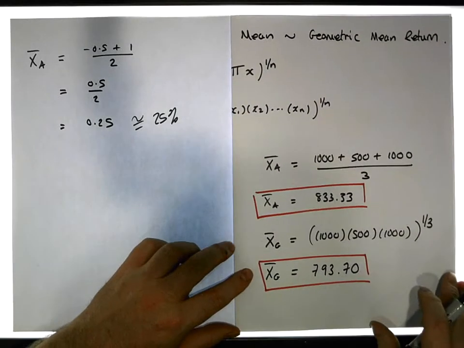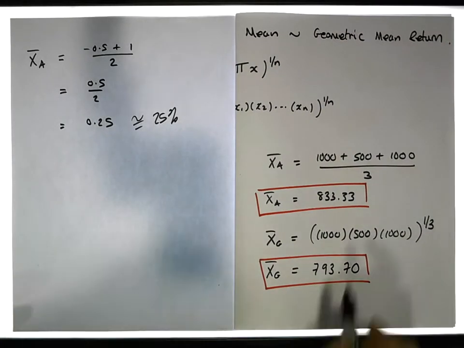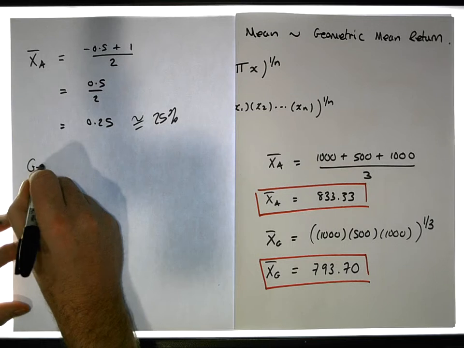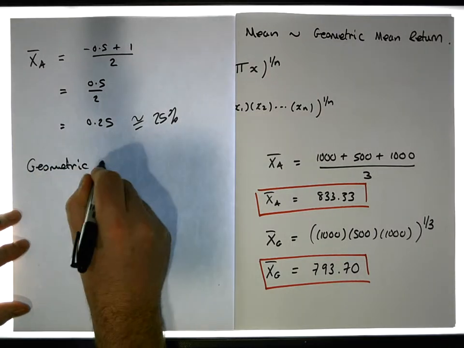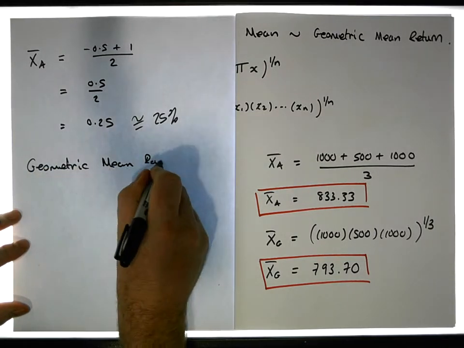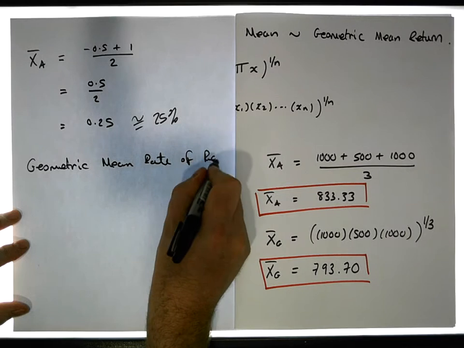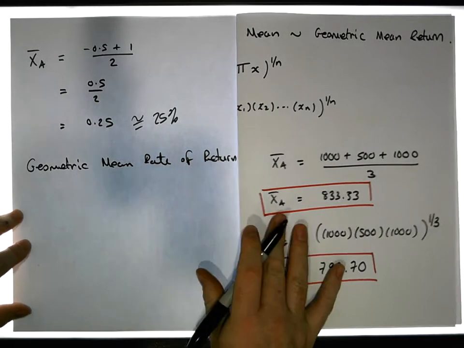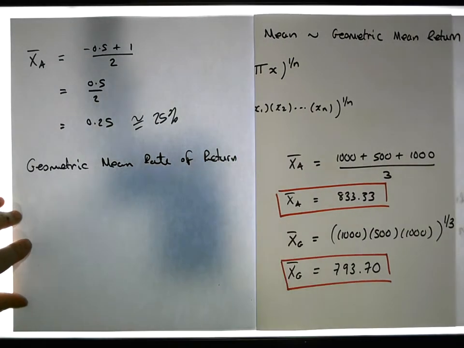We're going to calculate the geometric mean, but we're actually going to make a modification. It's going to be called the geometric mean rate of return, and that is what we're going to calculate. To calculate the geometric mean rate of return, there's a formula for that.